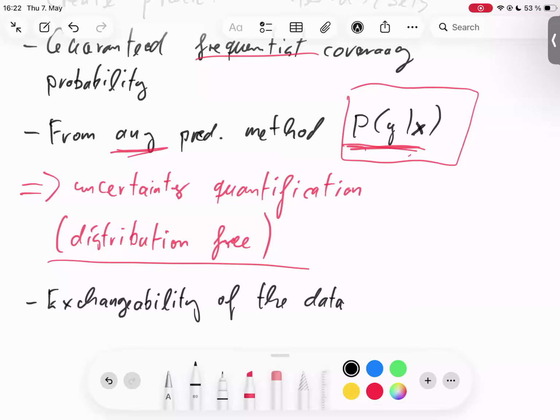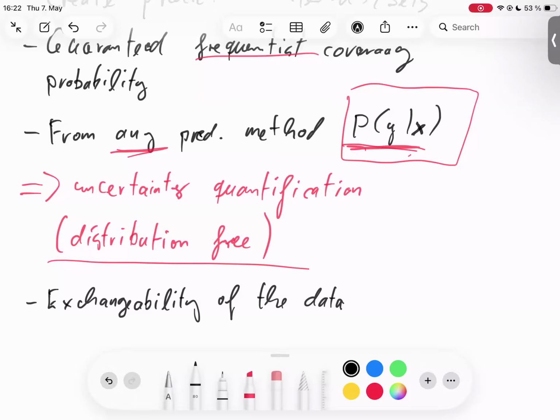So we have examples 1, 2, 3, and so forth, and we could just shuffle this, and we would assume that that would not have any major impact. So conformal prediction in its purest form could not be applied to time series data, because in a time series we don't assume exchangeability, but there are even extensions of conformal prediction to time series data. But that's something we will leave out for now.